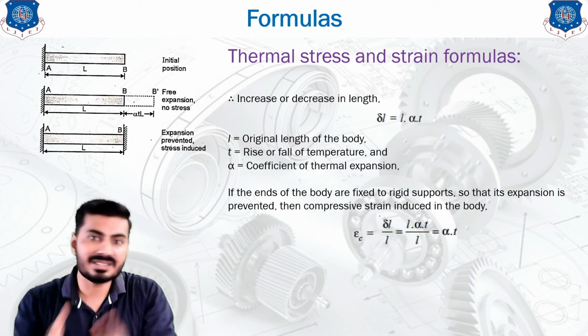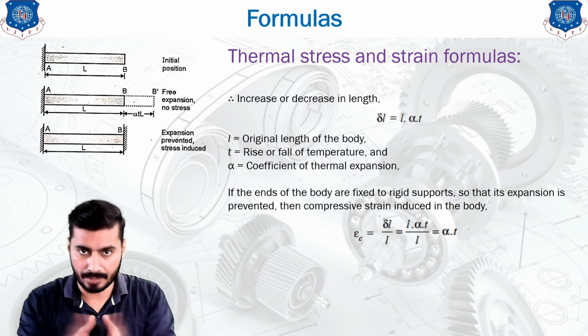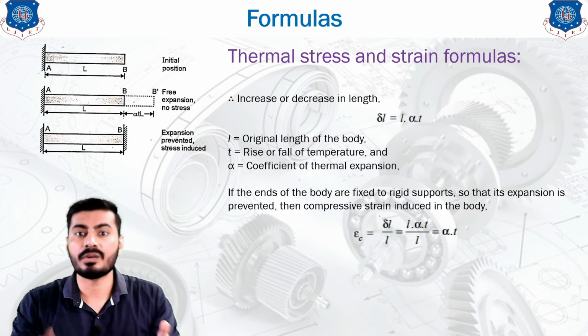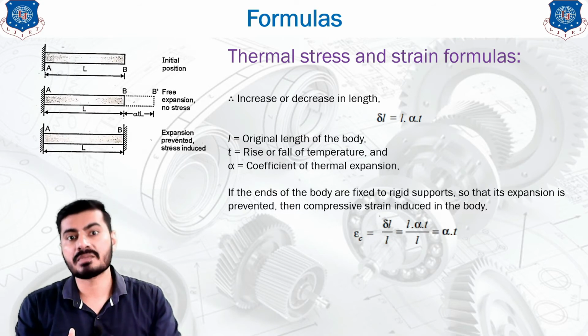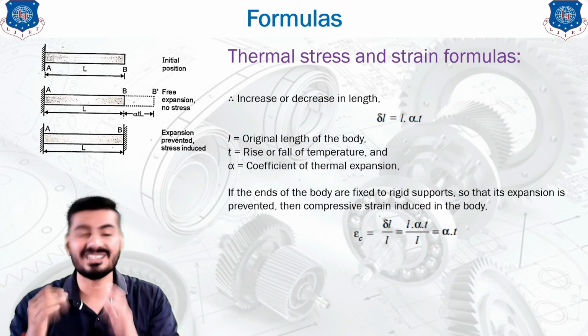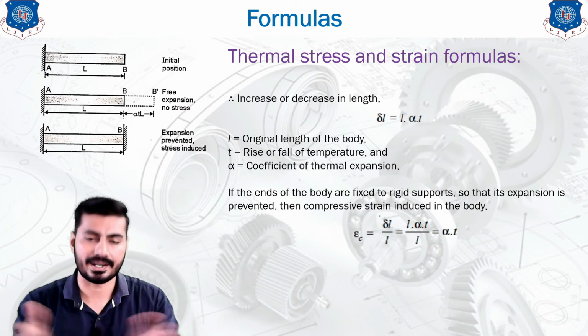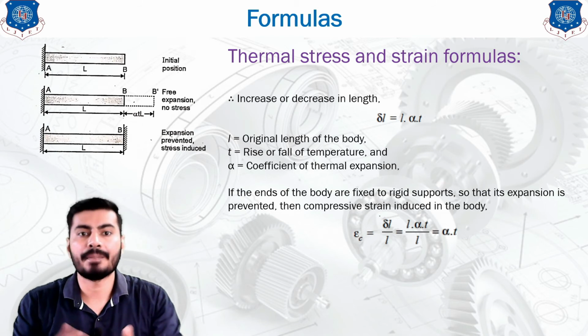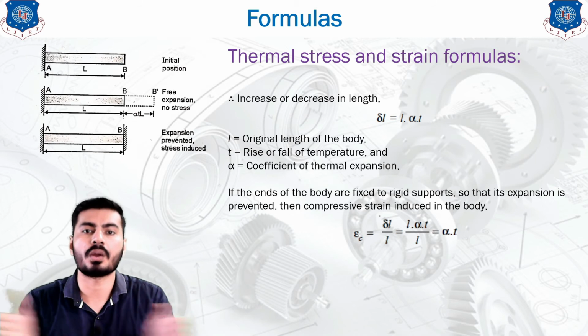Now in this case, we have prevented the expansion of the member, and we have applied a rise in temperature. But what happens when you apply a fall in temperature and your member is still fixed from both ends? If you reduce the temperature, the member will try to contract itself.